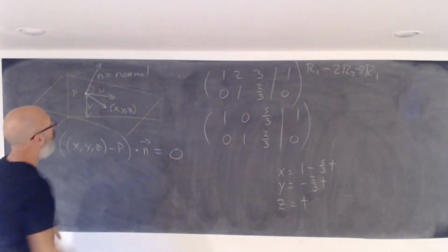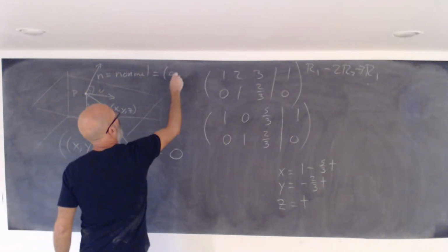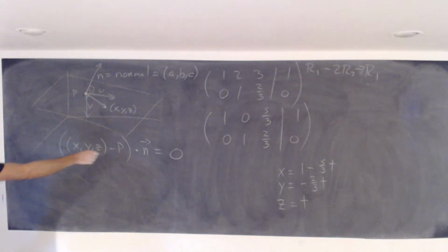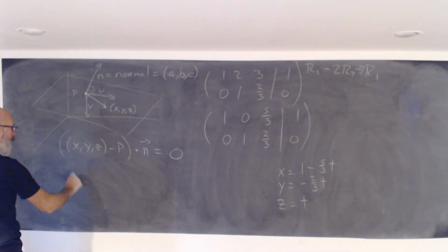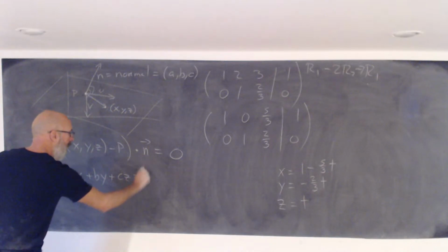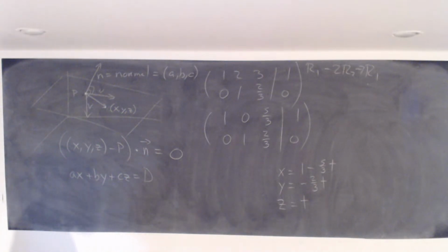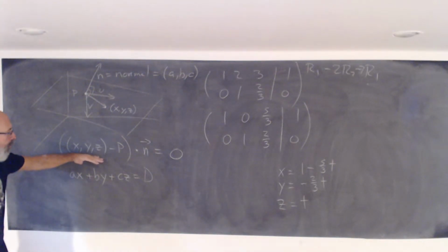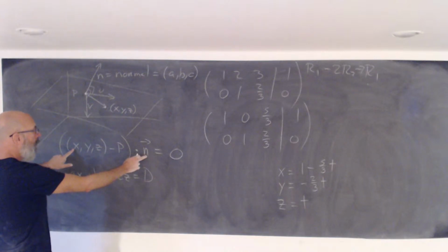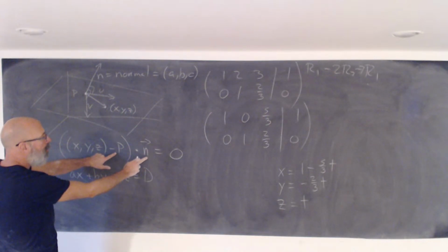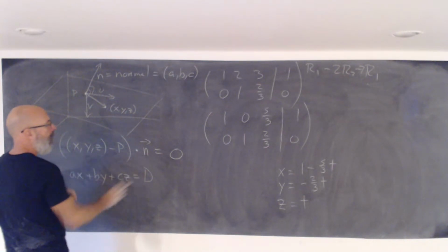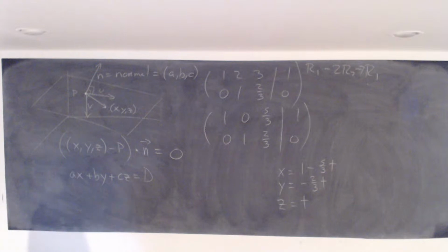If the normal has coordinates (a, b, c), then the plane has equation ax + by + cz equal to some number. That comes from right here, right? This is (a, b, c). So you get ax + by + cz minus the normal dotted with the point, and that's going to give you the value d.